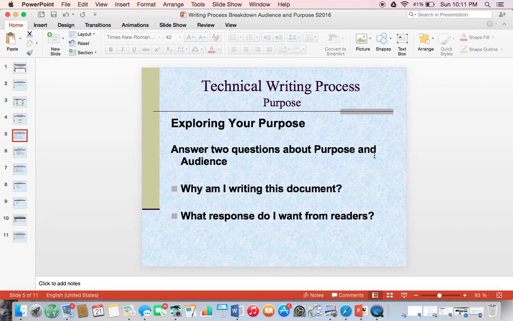The first question, why am I writing this document, can be answered in just 1 or 2 sentences, even in complicated projects. Often the resulting purpose statement can be moved as is to the beginning of your outline and later to the first draft. In other words, if you say, why am I writing this document, and your purpose is to explain or describe or to show or demonstrate, this is your purpose statement.